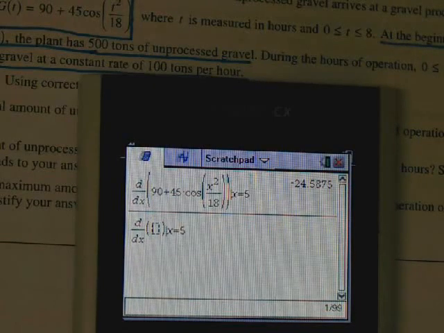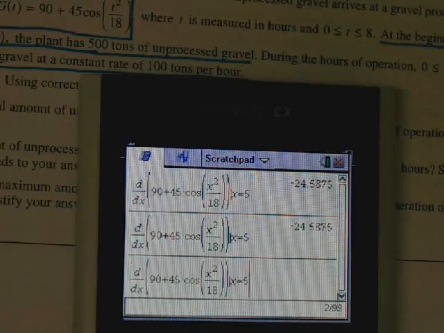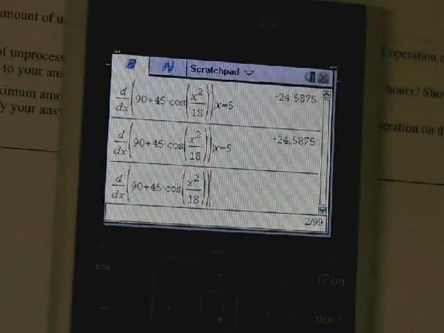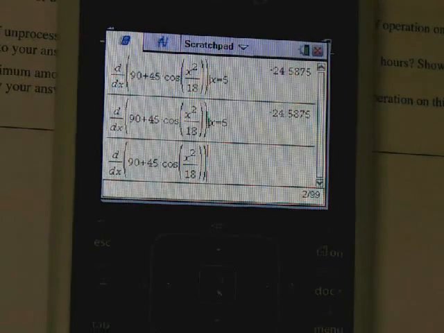The rate that the gravel is arriving at the plant is decreasing at t equals 5, because we got a negative value for that. So whatever rate gravel is arriving at the plant, that rate is decreasing. It's going down 24.588 tons per hour every hour.